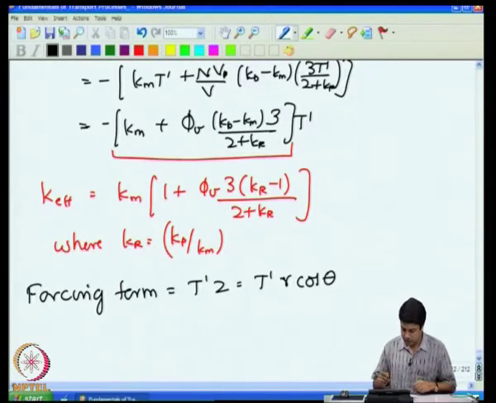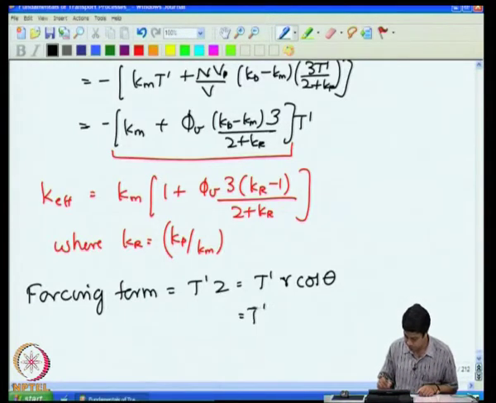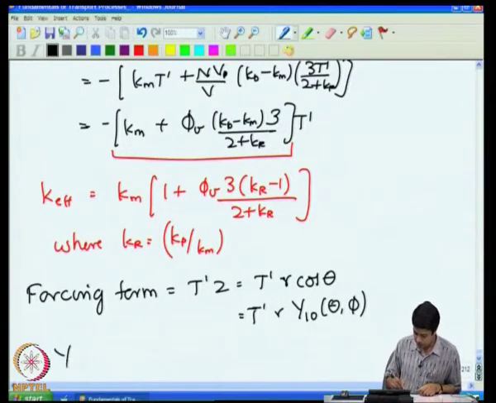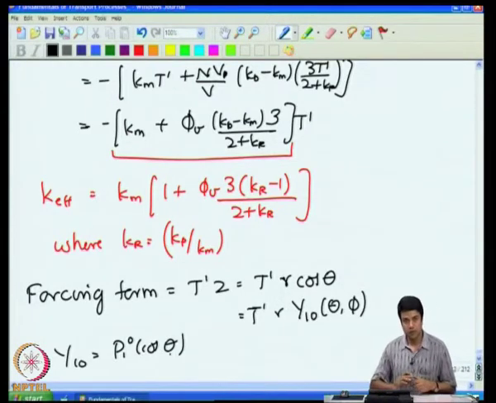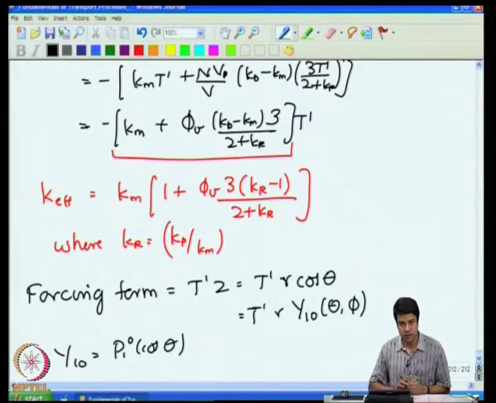I can write this as T prime R into P10 of cos theta, where y10 is equal to P10 of cos theta into cos or sine of m phi. M is 0 in this case, so cos of that is just a constant.